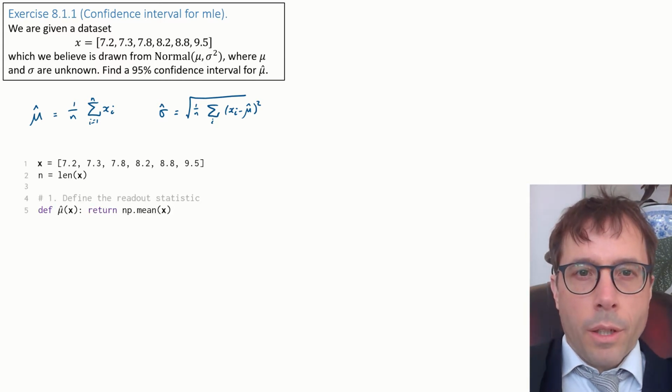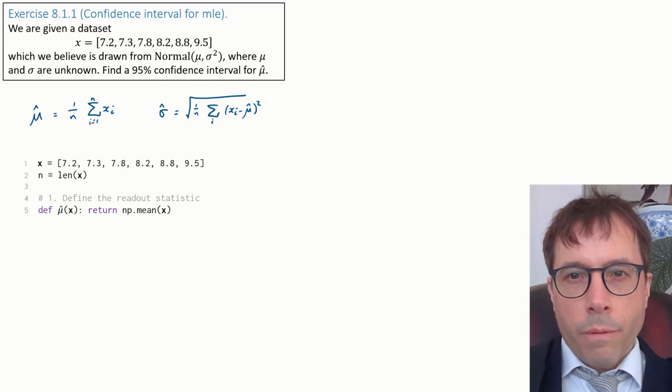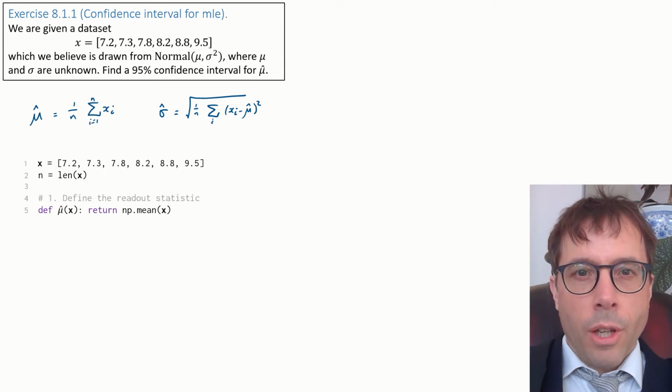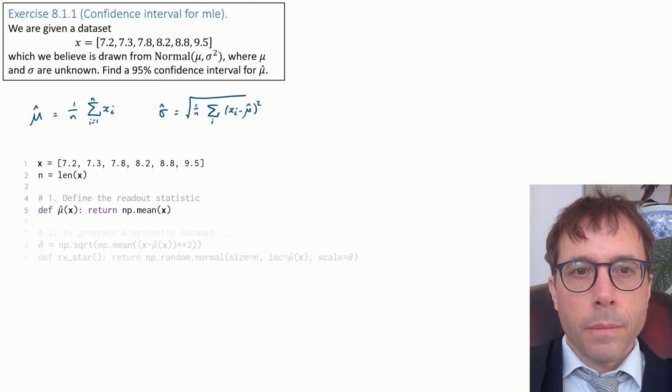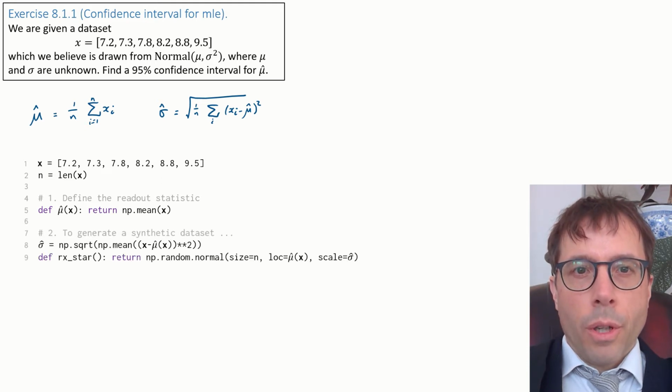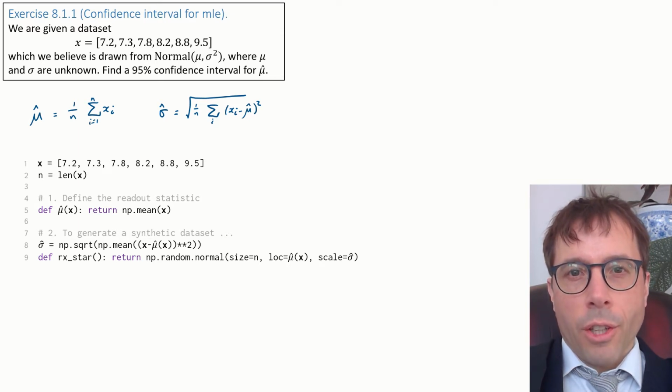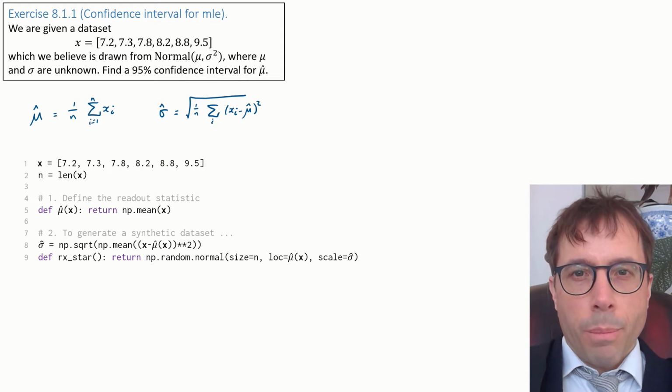Step 1, define the readout statistic. The question tells us we want a confidence interval for mu hat, so I'll define a function that takes in a dataset and computes the MLE mu hat for that dataset. Step 2, define a function for generating a random synthetic dataset from the fitted model. So all I need to do is compute sigma hat and then generate a synthetic dataset just like the original using my fitted parameters mu hat and sigma hat.